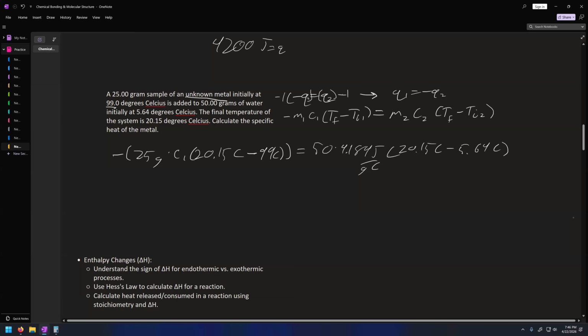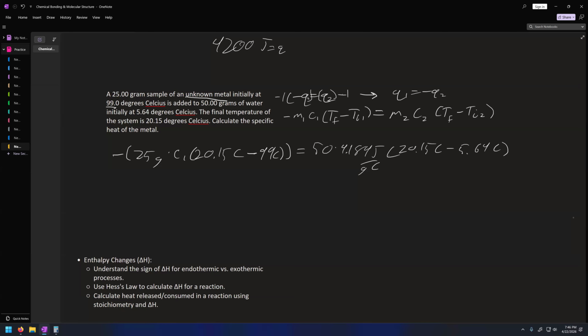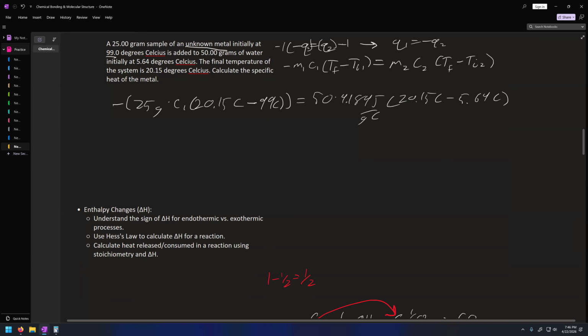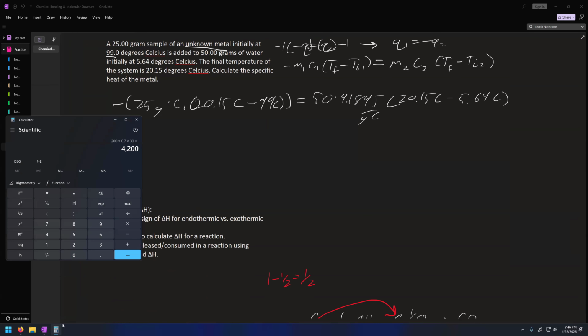From there, you just need to rearrange and solve. I guess I'll do that. So I'm going to simplify the terms in parentheses first. I think it's a really good place to start.